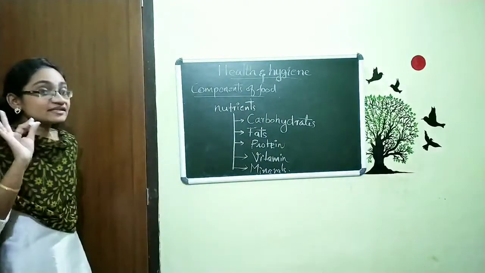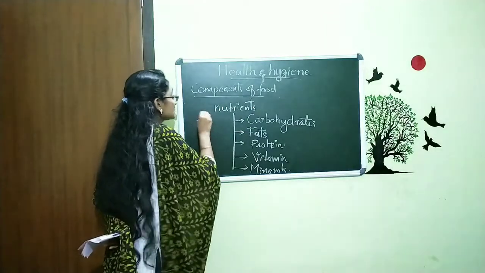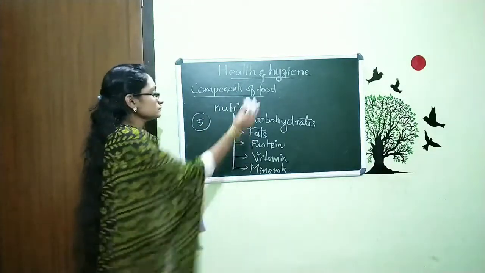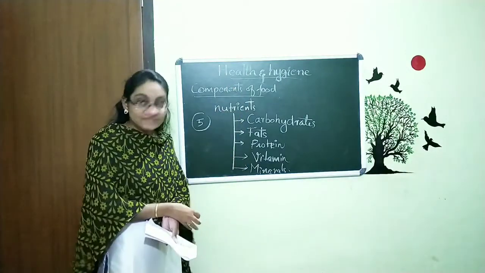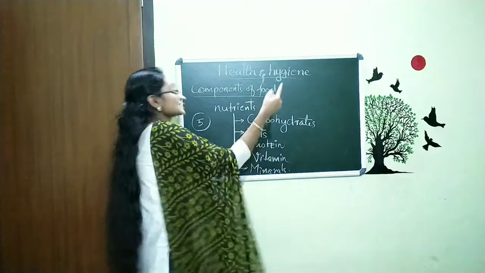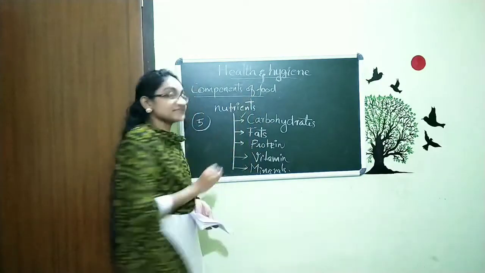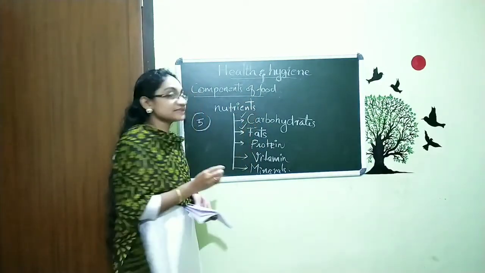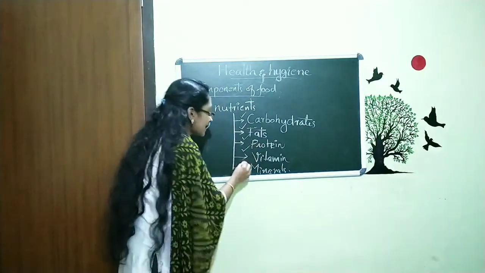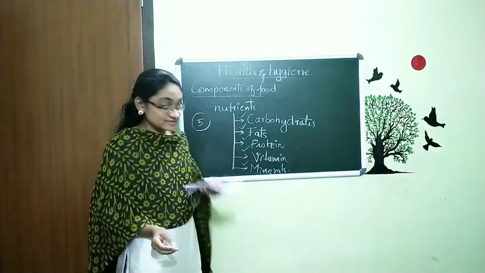So these are the 5 different types of nutrients that are present in our food. And these 5 are important and needed by our body. So the first one is carbohydrates, the second one is fat, the third one is protein, the fourth one is vitamin, and the fifth one is minerals.